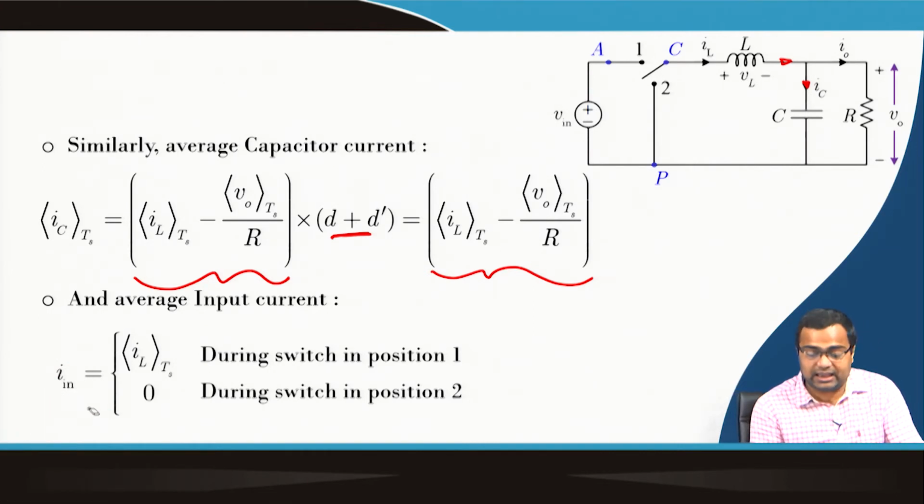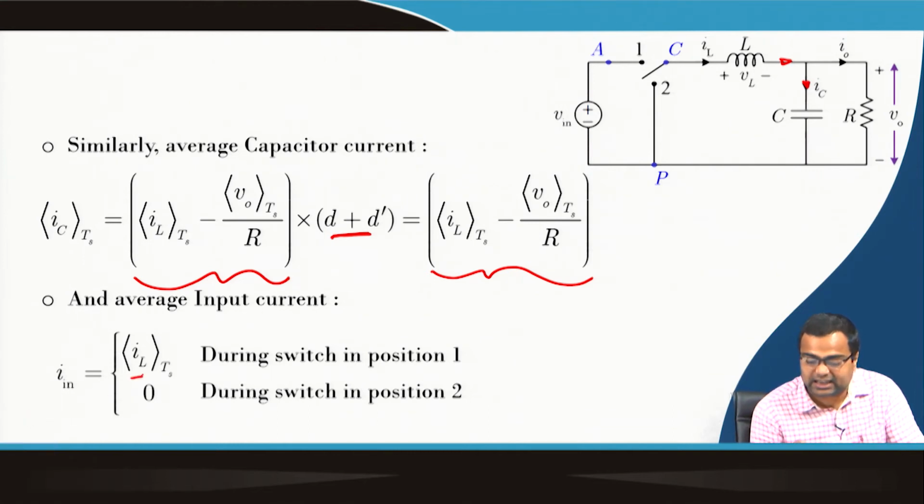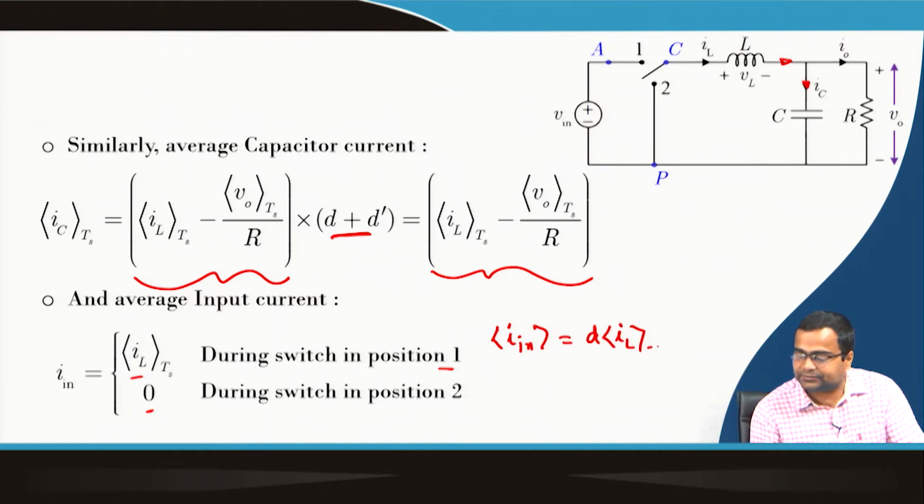This is the input current when the switch is on; it is the same as the inductor current when it is in position 1, and it is 0 when the switch is off. So the average input current should be equal to D times the average inductor current.